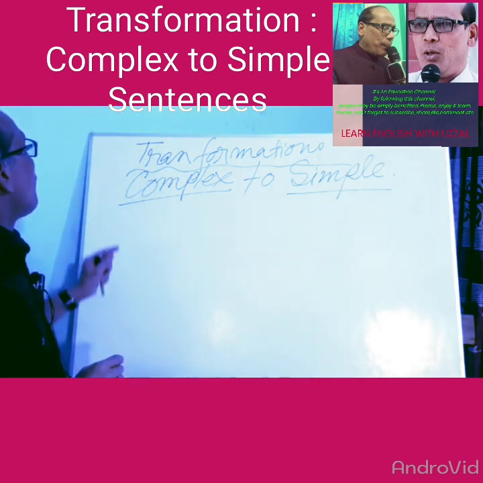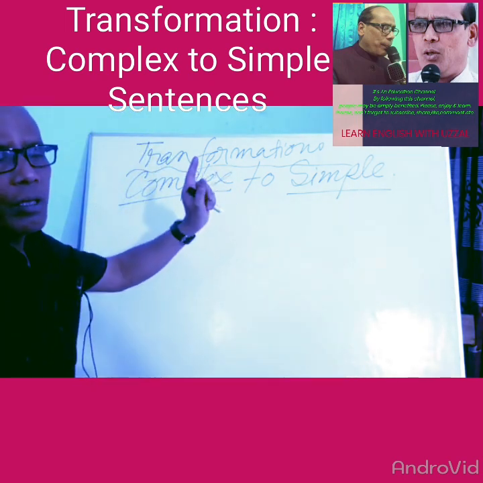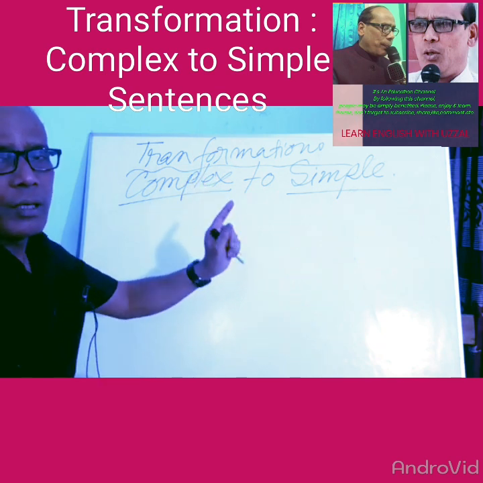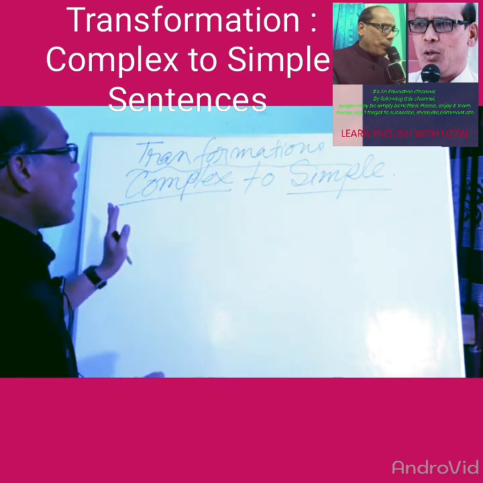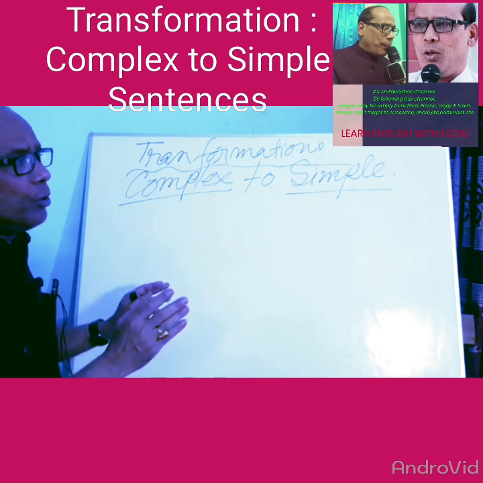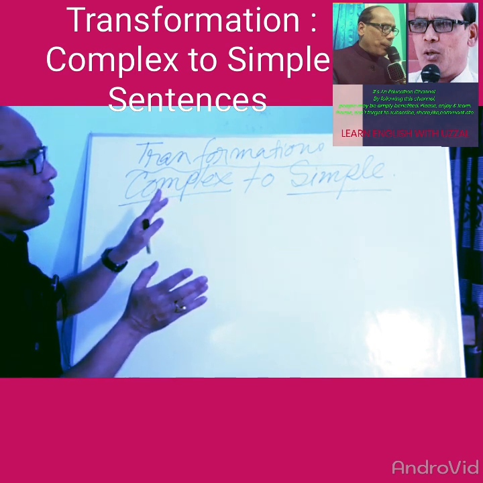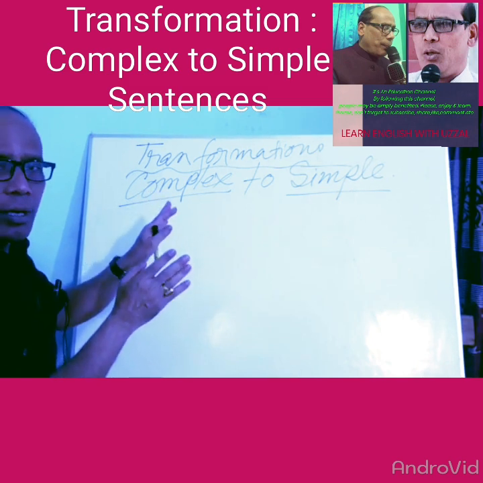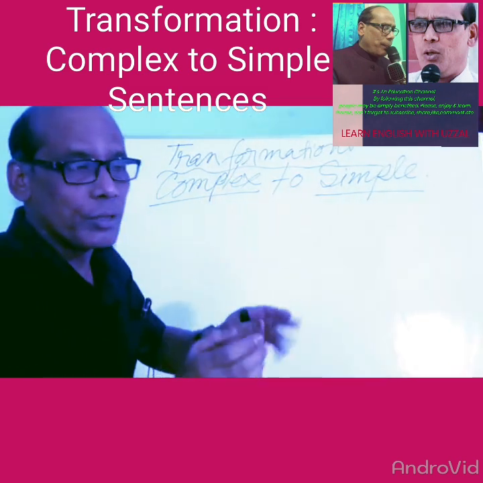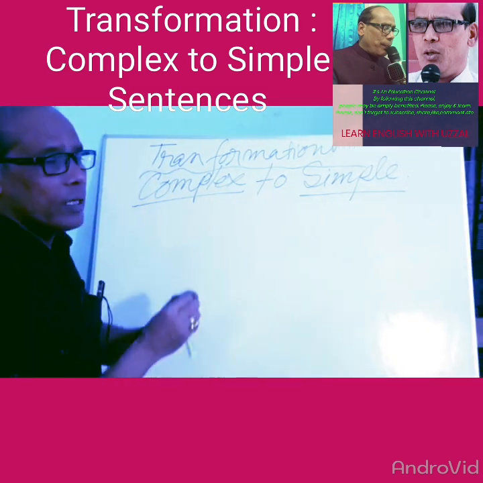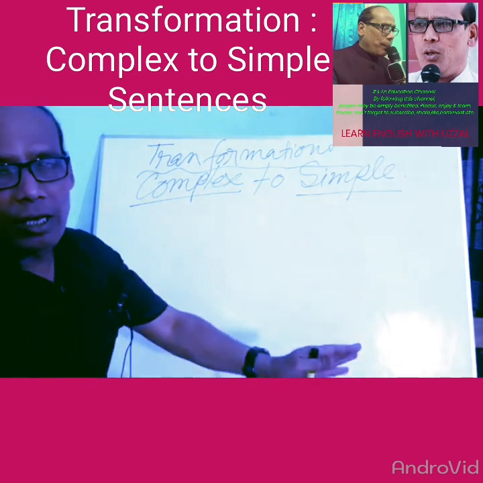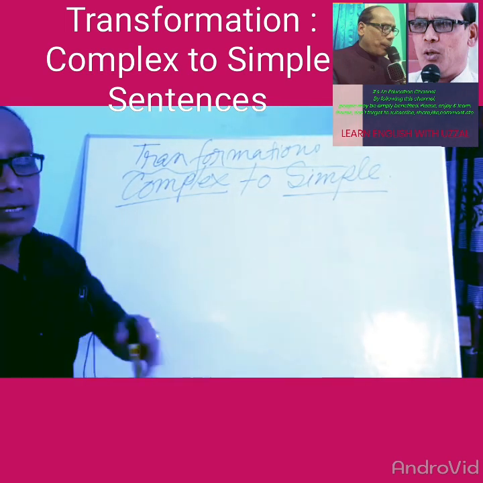On the contrary, a simple sentence has only one subject and one finite verb. So anyway, we'll have to remove or omit one subject and one finite verb if we want to make a simple sentence. Because a simple sentence is like a chair and a complex sentence is like a table.